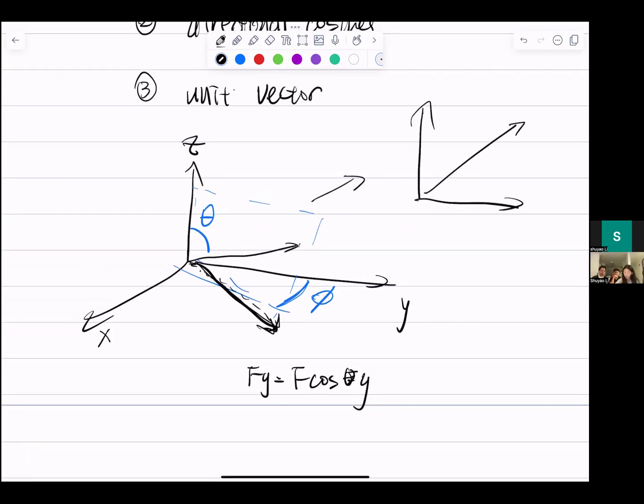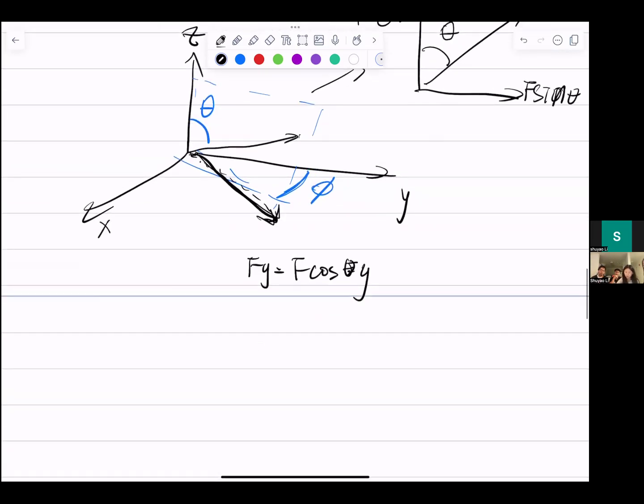So if my angle's here, then this is sine theta, this is cosine theta. And then when we project it down, we have the F sine theta y.